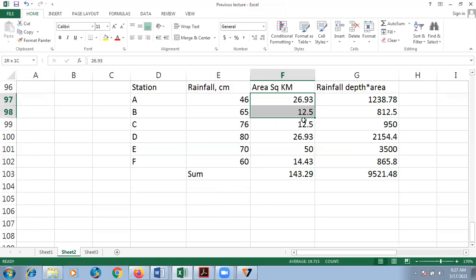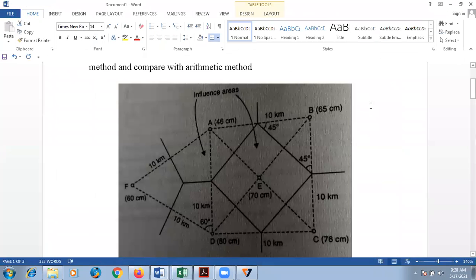Then area in square kilometer. This is what I have calculated, and I will show you how it can be done. Let us start with B first of all. By the concept of perpendicular bisection, this side AB is divided into two equal parts, so this side is 5 kilometer, and similarly the side BC also has a perpendicular bisector at half this distance.